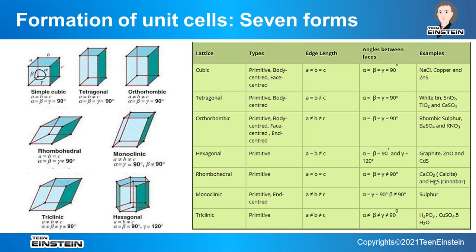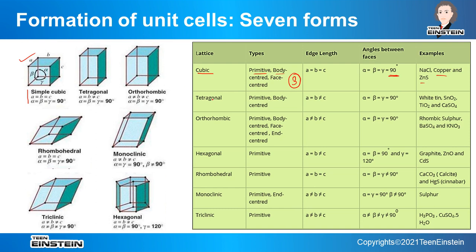The first one is cubic, and this cubic may be primitive, body centered and face centered. So under cubic there are 3 types, and here all edge lengths are same, and all angles are 90 degree. Okay. So this is the first one. Here the conditions are mentioned. NaCl, copper, ZnS, these are the examples.